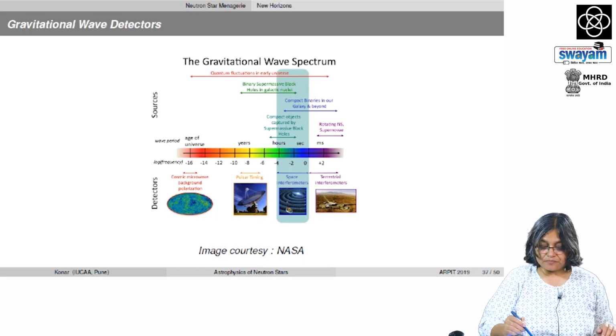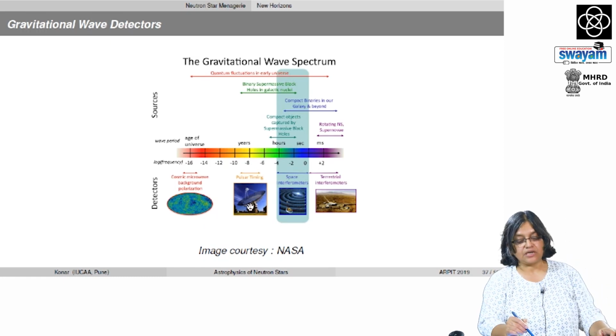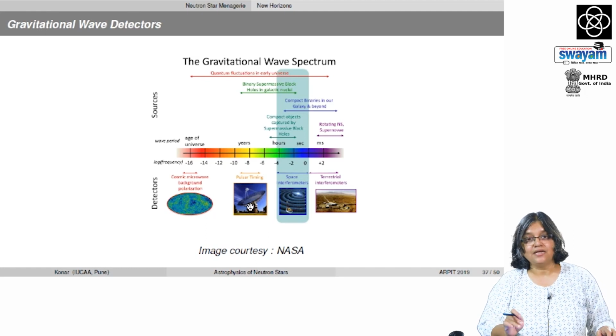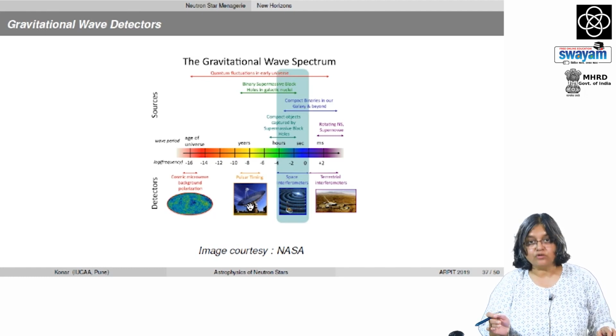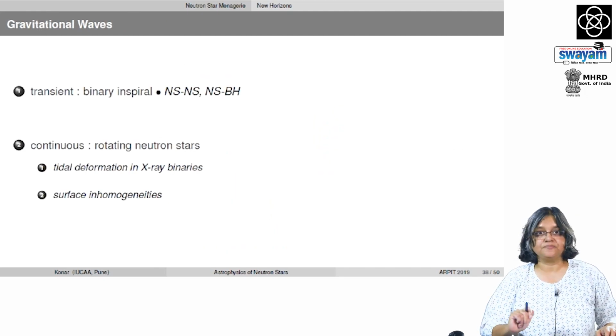On the other hand, here are quantum fluctuations in the early universe, the stochastic background which gives nanohertz gravitational waves, and those can be detected by pulsar timing arrays, for which we would require the radio telescopes that I have been talking about in the past few minutes.